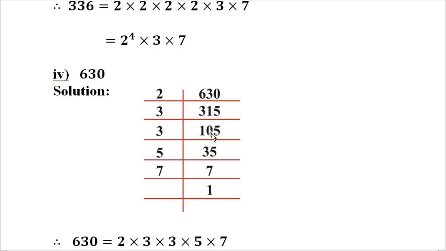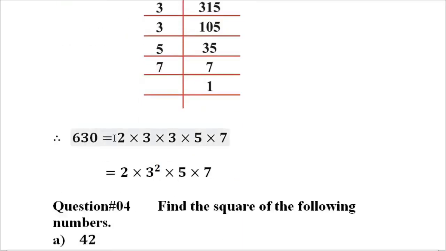Again, if I divide 105 by 3, we get 35. Now I will divide 35 by 5 to get 7. And at the end, 7 is a prime number itself, so 7 divided by 7 is 1. Now the prime factors of 630 are 2 times 3 times 3 times 5 times 7. In index notation, this can be written as 2 times 3 raised to the power 2 times 5 times 7.